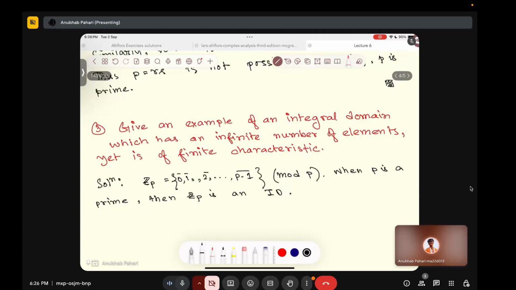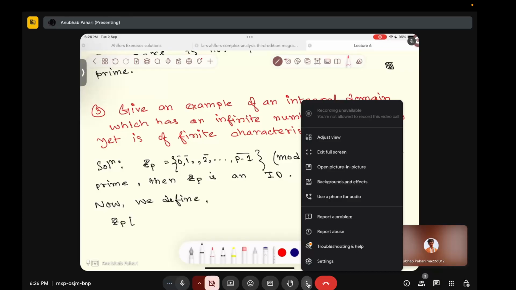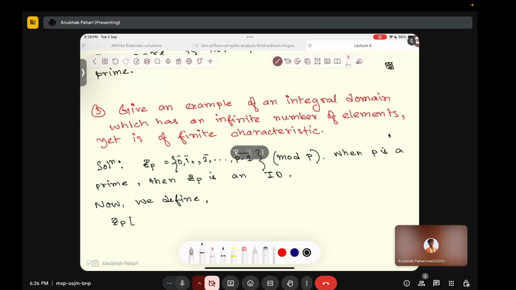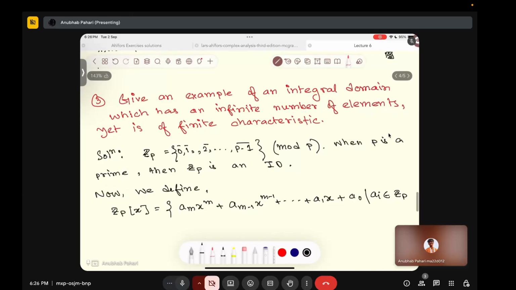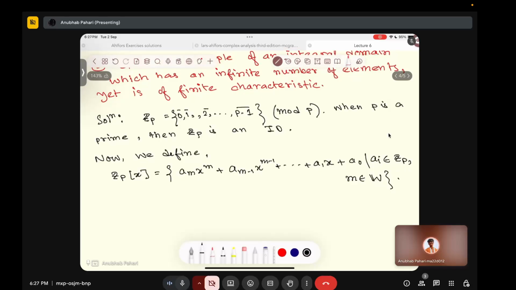But anyway, now we define Z_p[x], the set of a_m x to the power m plus a_{m-1} x to the power m minus 1 plus up to a_1 x plus a_0, right, where your a_i belongs to Z_p and m obviously belongs to the whole numbers, that means natural numbers with 0, where Z_p is a field of integers modulo p and p being prime.